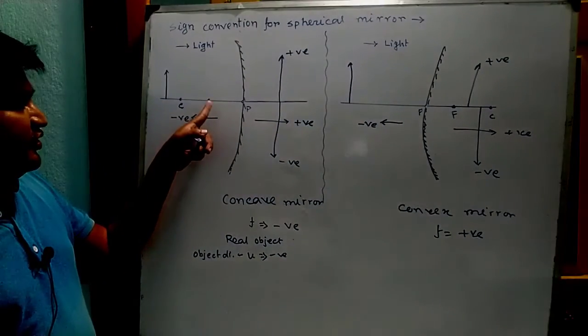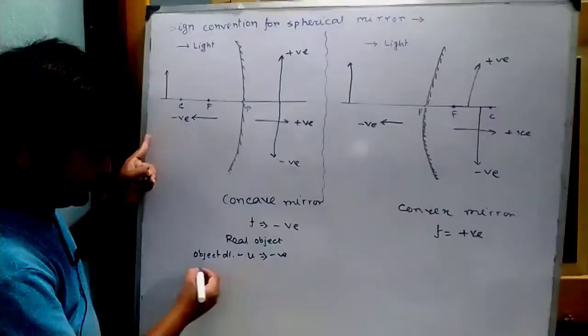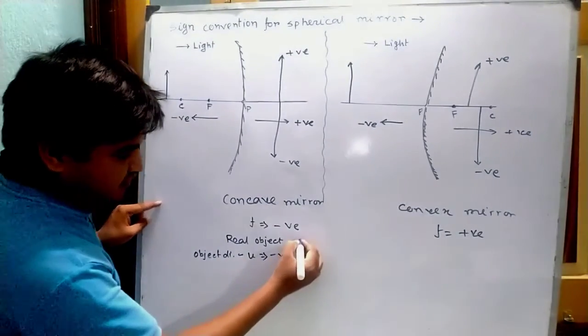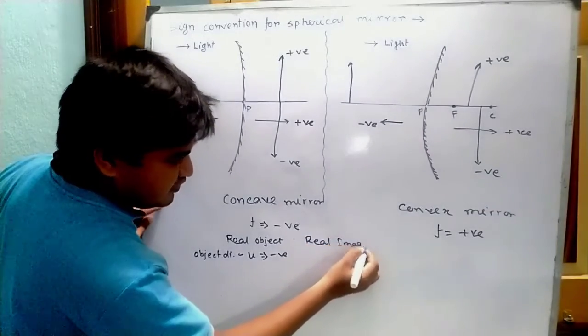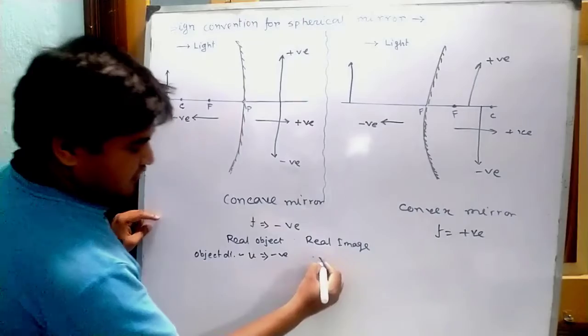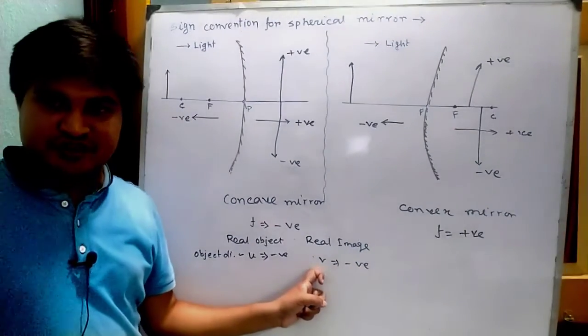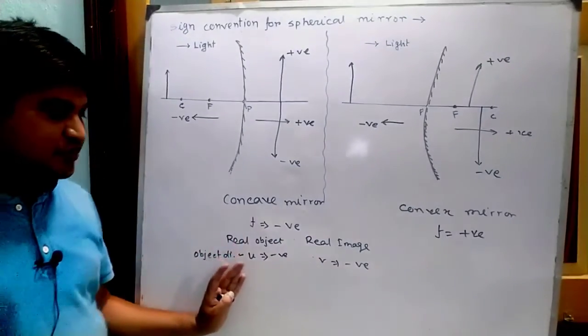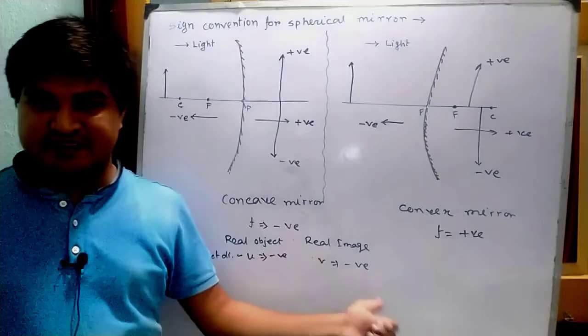And if the image also forms in this direction, that is a real image, v is also negative. v represents the image distance. So for real object or for real image, both u and v are negative.